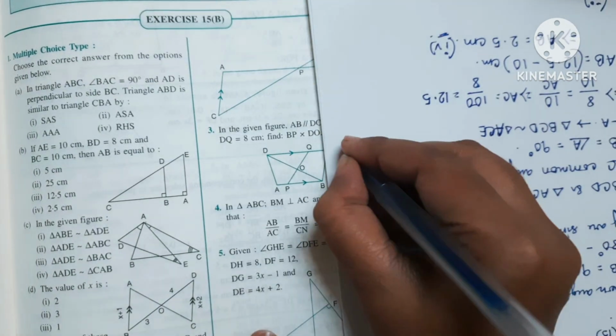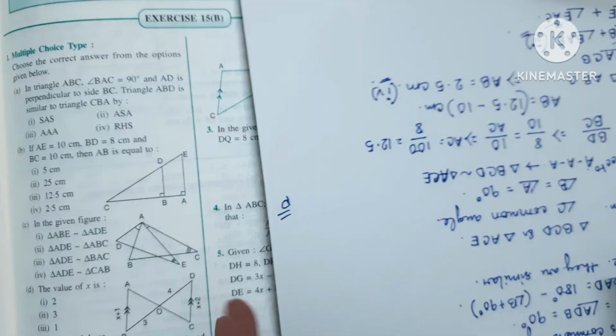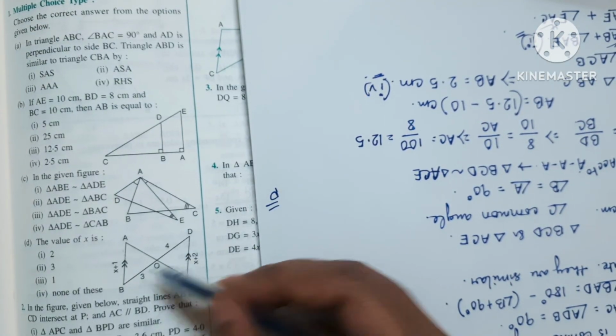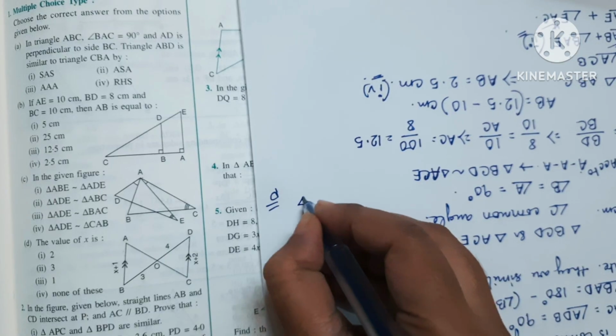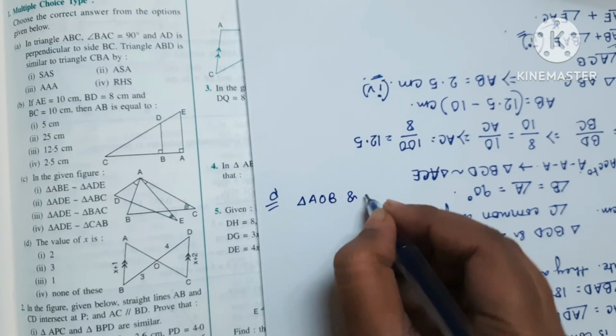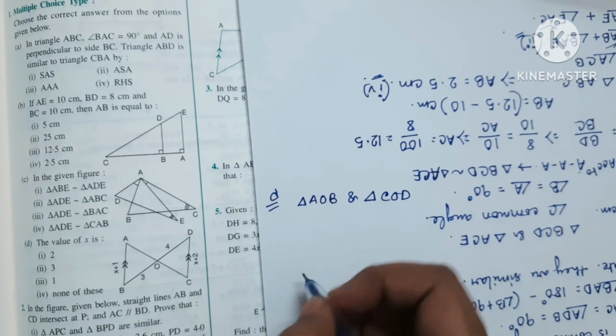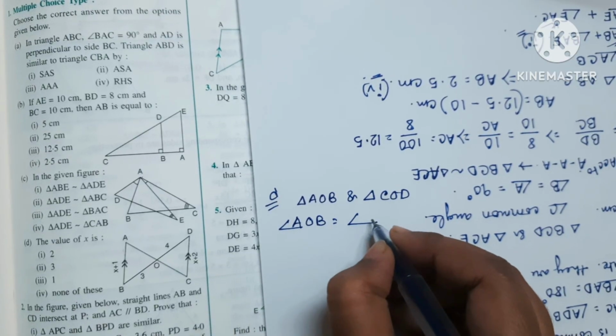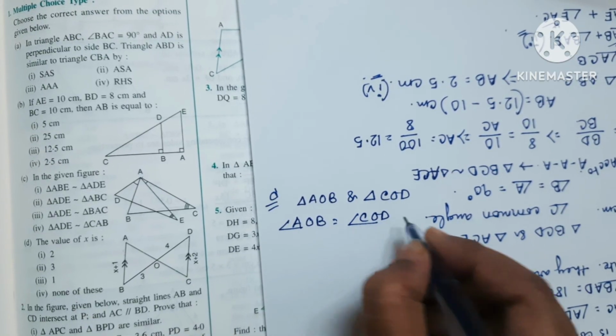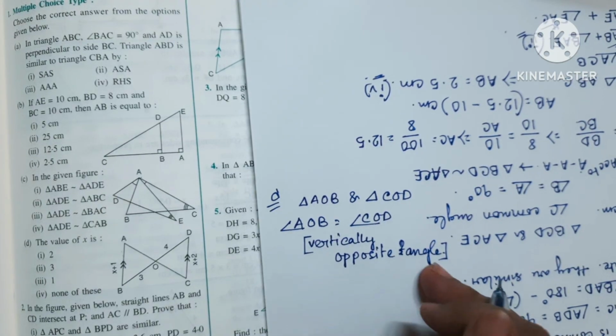Now see next one. See this picture. Question number D. See this picture. This AB and DC, they are parallel to each other. Now, in case of these two triangles, AOB and COD. See, angle AOB is equal to angle COD. Why? Because vertically opposite angles.